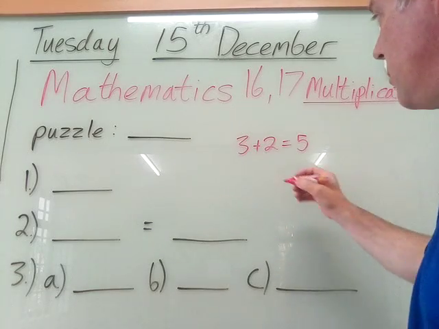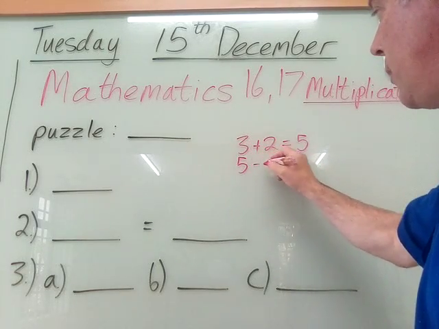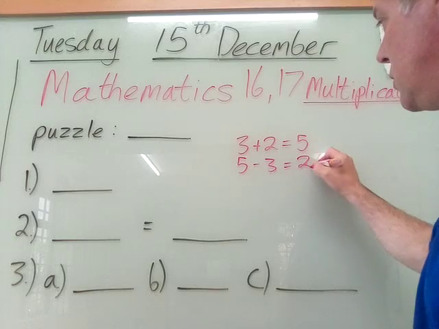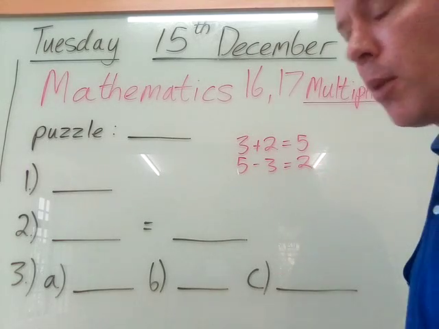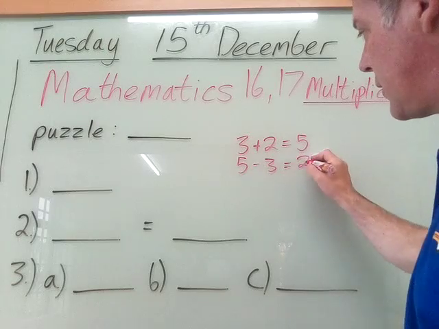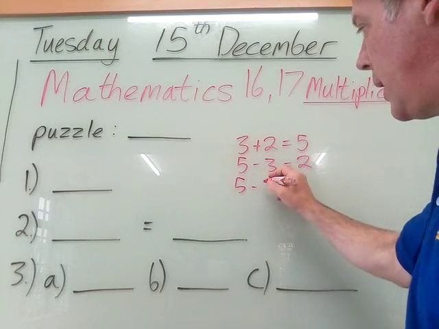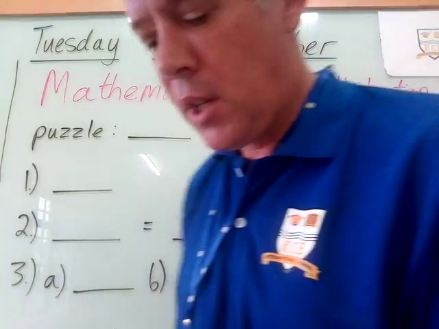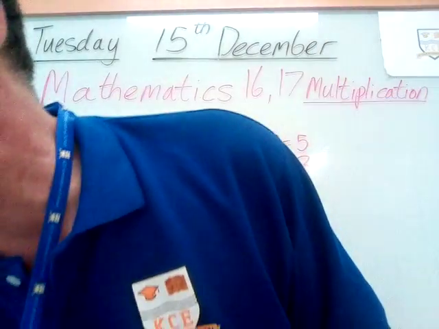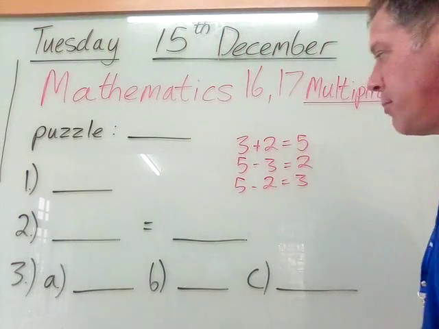Inverse of that might be 5 minus 3 equals 2. That would be inverse, right? You're doing the opposite operations, but you're going to have the same numbers. 5 minus 2 equals 3, right? So that's kind of adding and subtracting, which is a little bit simpler.